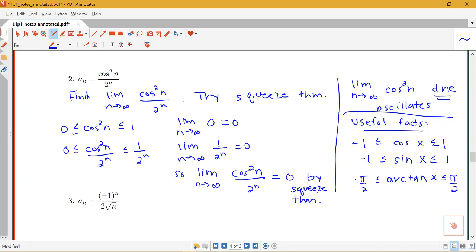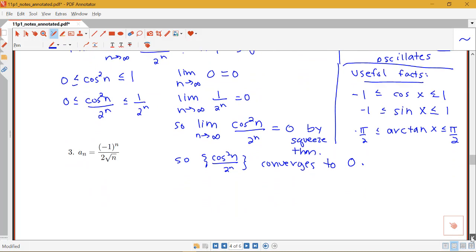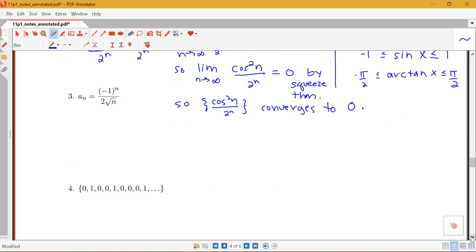So we can say that our sequence here, cosine squared n over 2 to the n, converges to 0. You want to keep the squeeze theorem in mind as something that can be helpful in some examples. Here's just a couple more for us to look at.